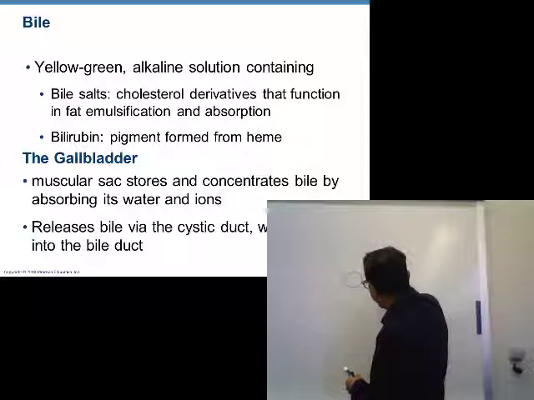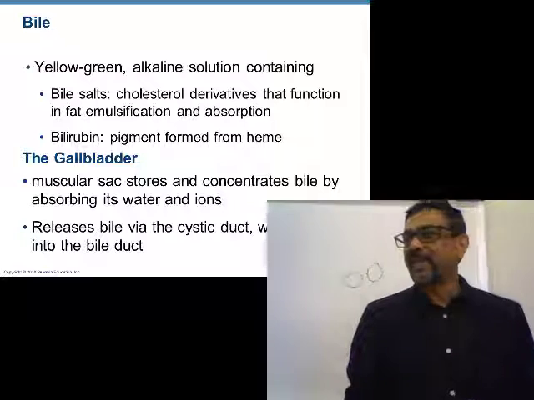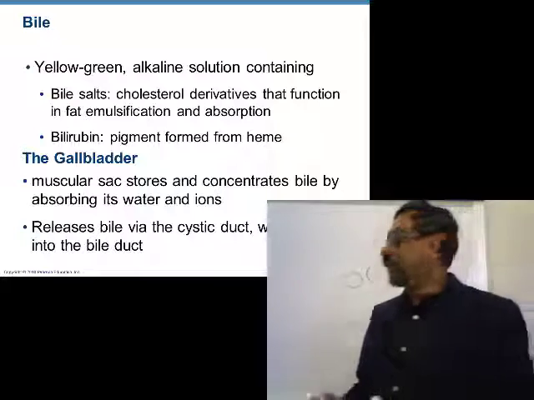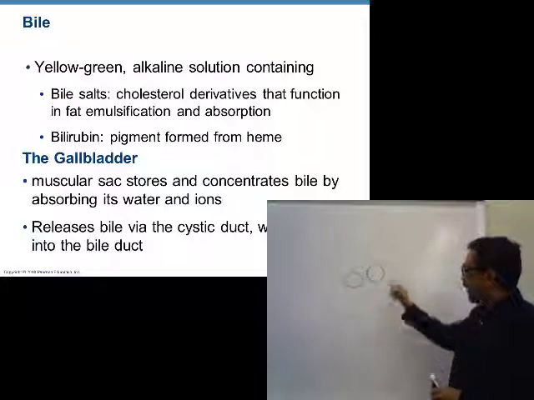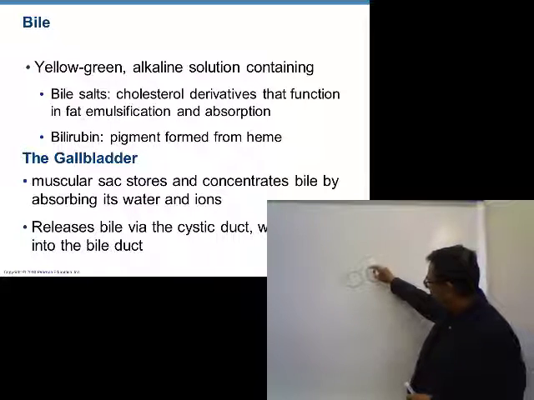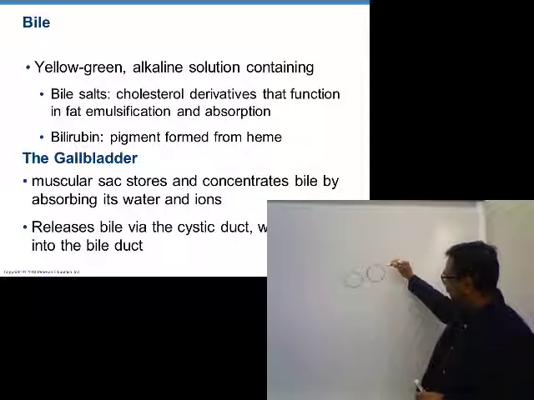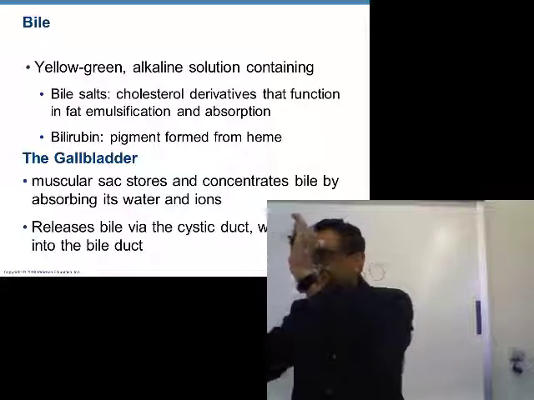They get attached to the surface of the fat and reduce the surface tension. So the surface tension, when it gets reduced, the large fat breaks into small pieces, because surface tension keeps the structure intact.